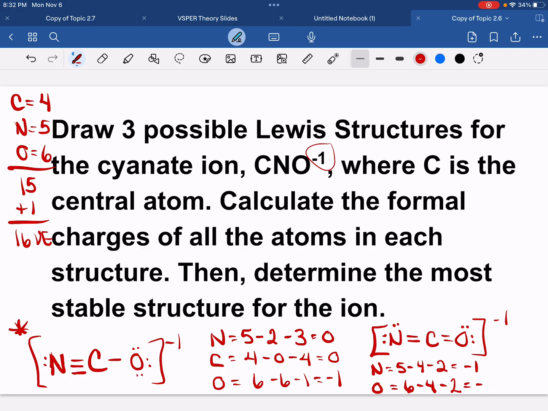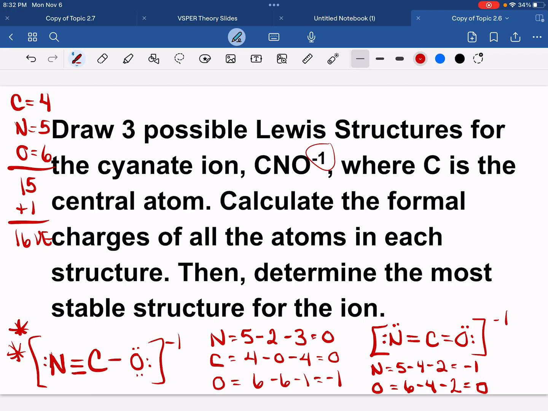And this would actually be a 0 charge. Sorry for that mistake. All right, so we have our -1, our 0, and carbon is the same as the other one, and it would have a 0. So again, we still have a -1 charge, but in this structure, our -1 is on nitrogen, which is less electronegative than our oxygen. So again, our one with the triple bond still is better.